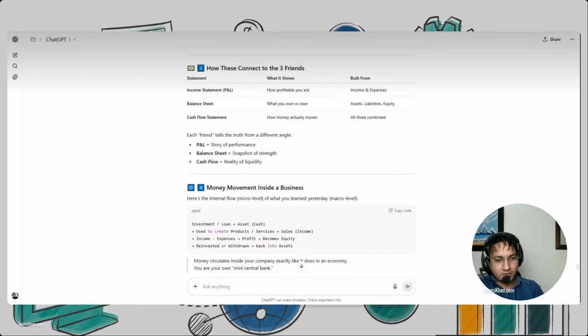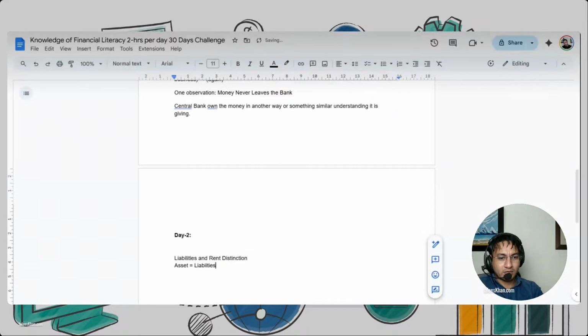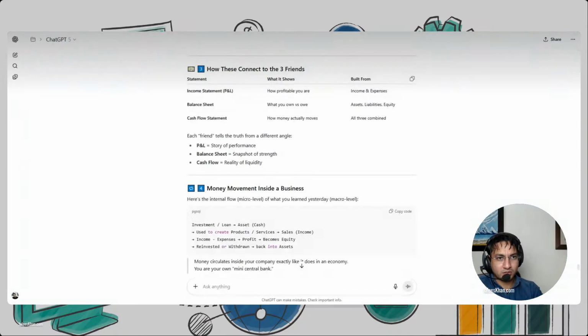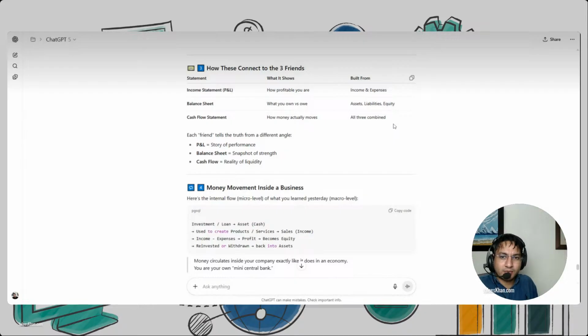Second thing is that assets equal liabilities plus equity. I am just writing here to give you the idea. I have these questions because I am unable to understand these concepts right now.